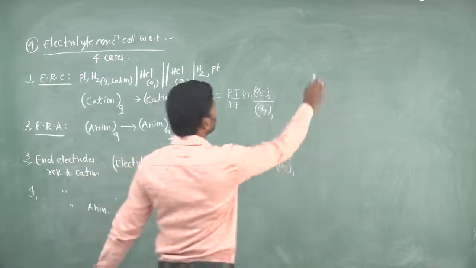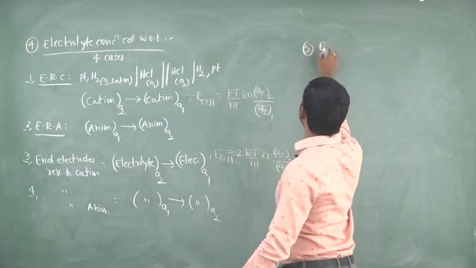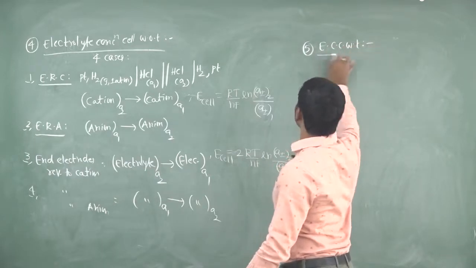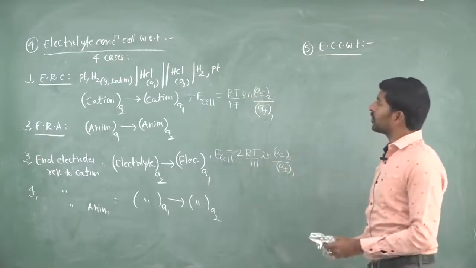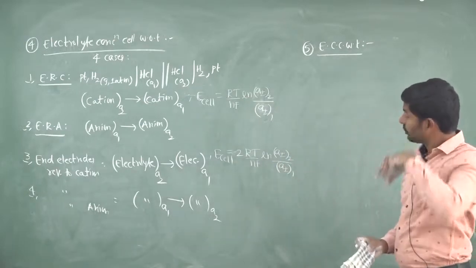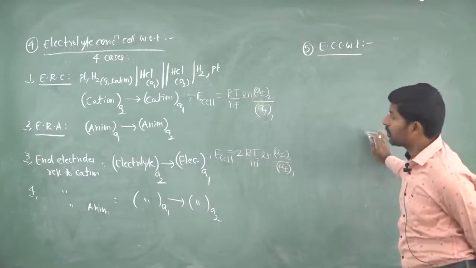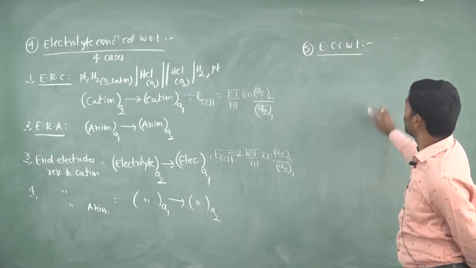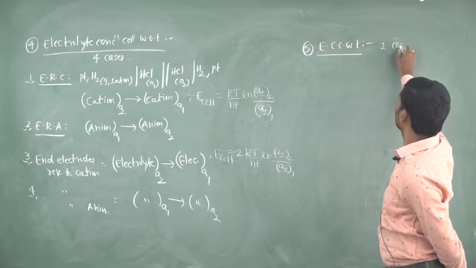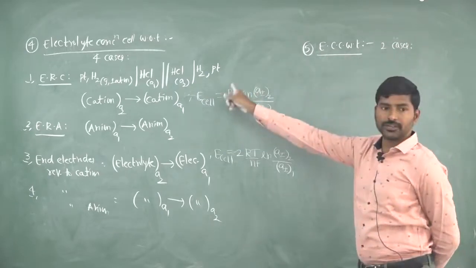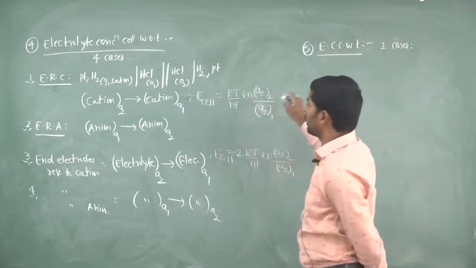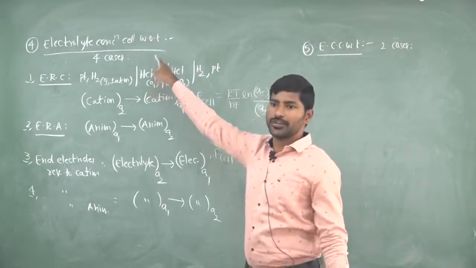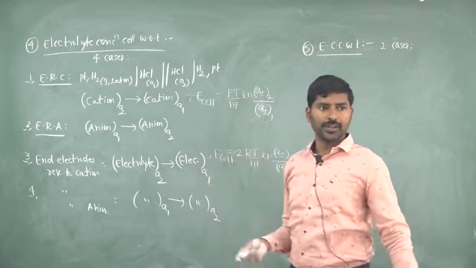And the last one, we discussed electrolyte concentration cell with transference. We discuss two cases: electrode reversible to cation, and electrode reversible to anion. The only difference is we have to remove the salt bridge and take some porous partition.